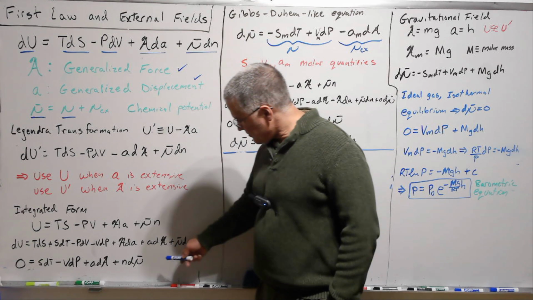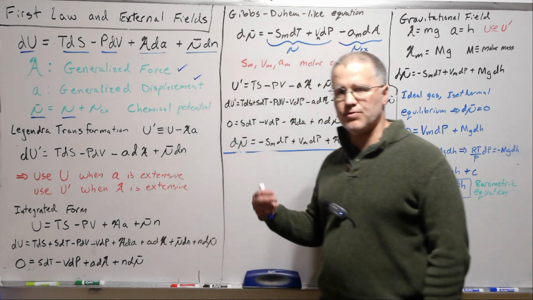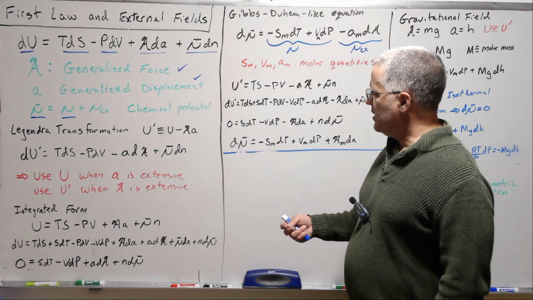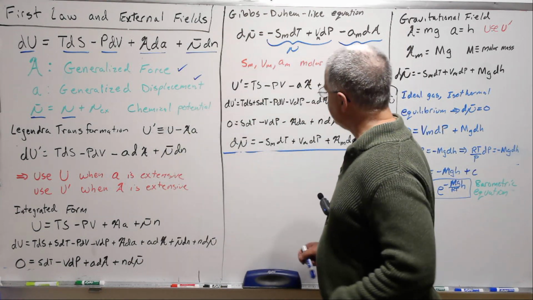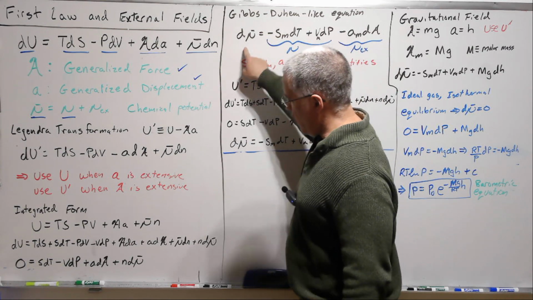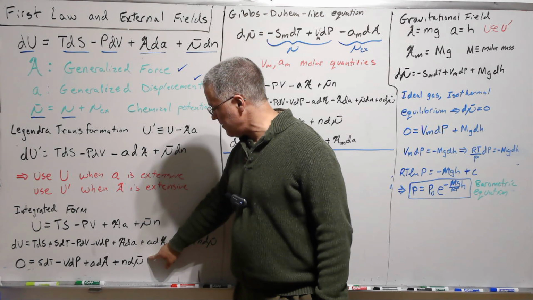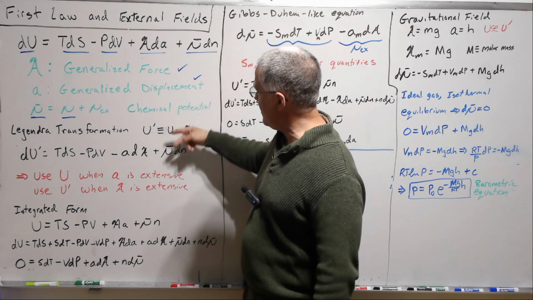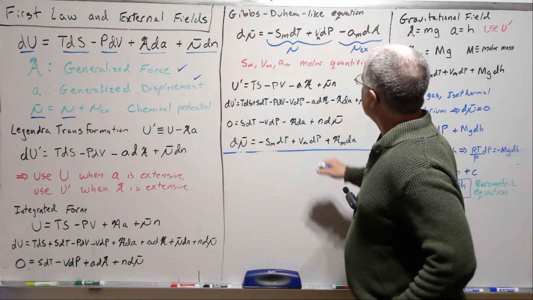So now we've got things switched such that our chemical potential is exposed as a differential form. We can now solve for d mu bar. And here's where this idea about extensive and intensive comes in.